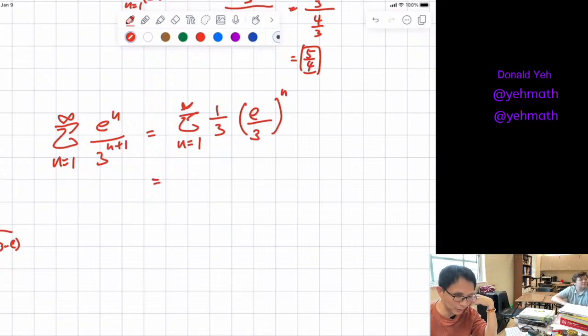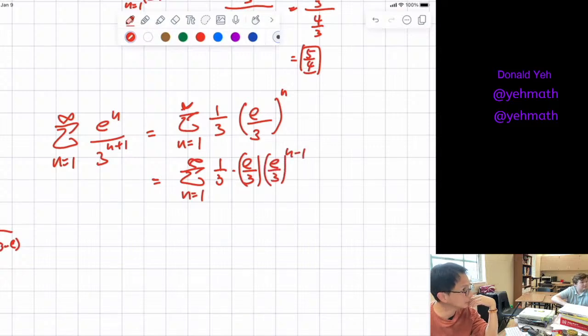So what you can do is take out another 1 times e over 3, right? So now it's going to be e over 3 to the n minus 1. We almost got that. It was a reciprocal.